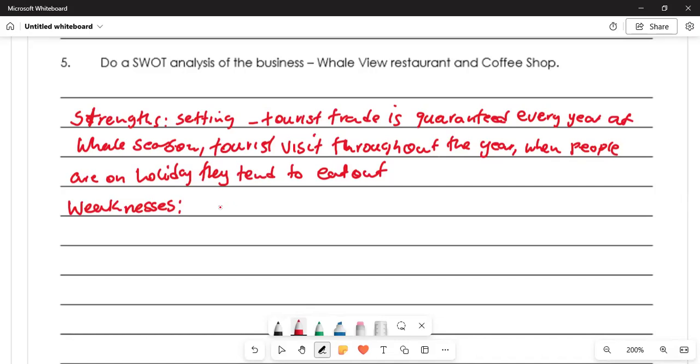Whale season is very busy, so the coffee shop may need more staff.